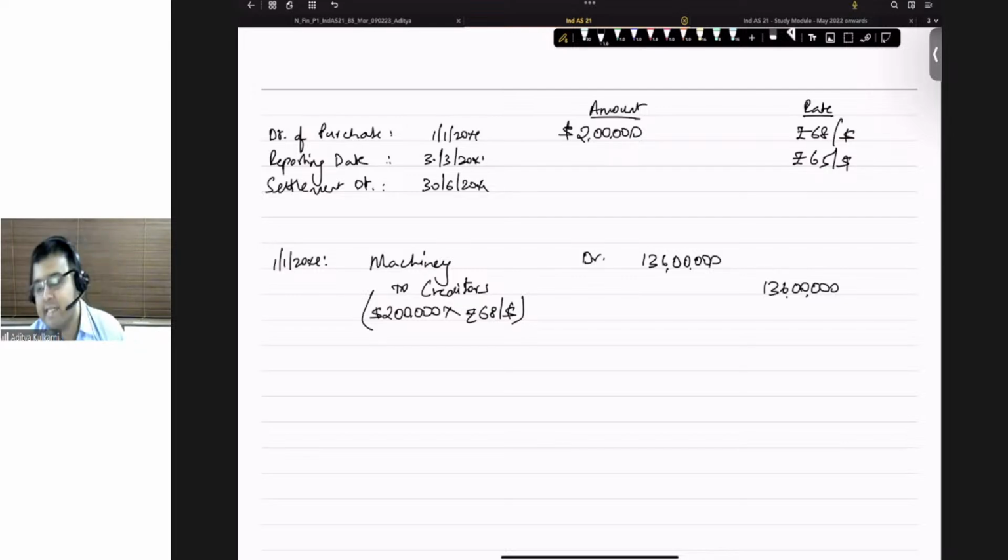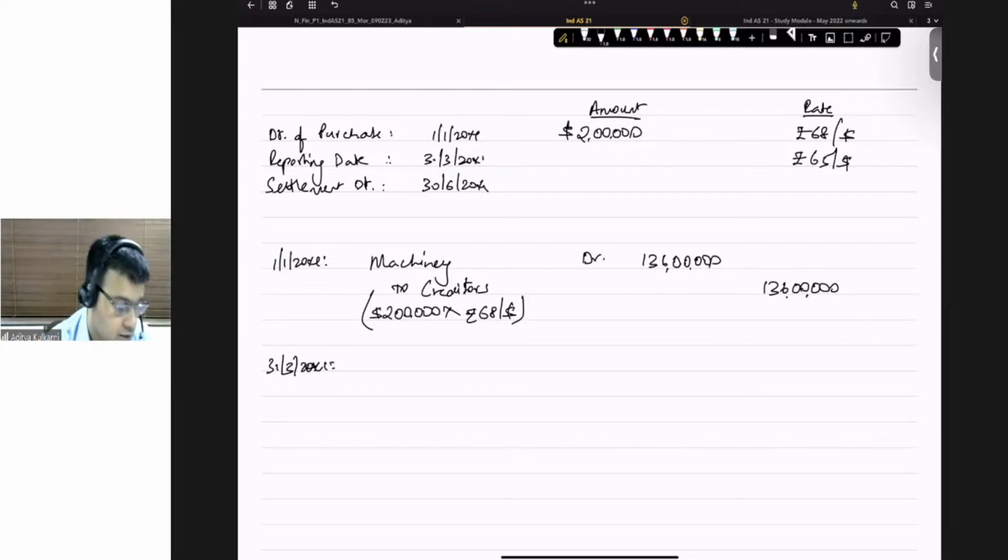After that, can I change the value of machinery? Answer is no, because machinery is not, I repeat, is not a monetary asset. But are my creditors monetary assets? Yes, monetary liabilities. So you will have to do a restatement. So the restatement will happen on 31st March 20x1.